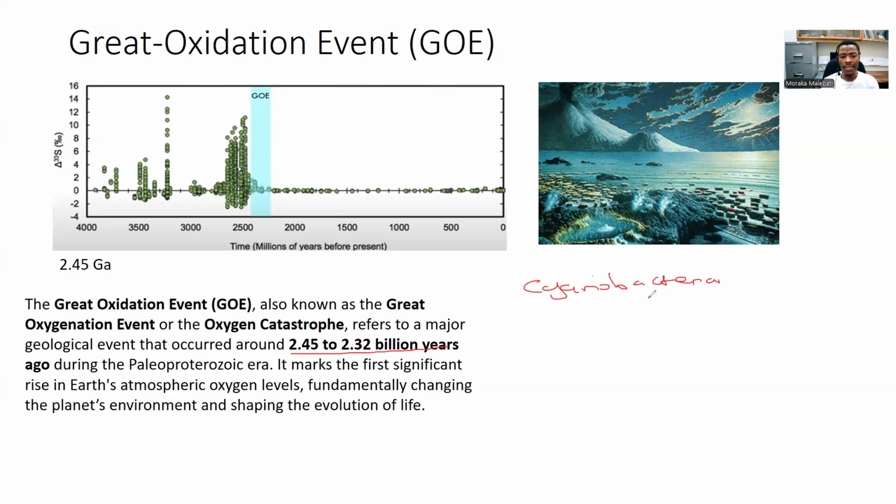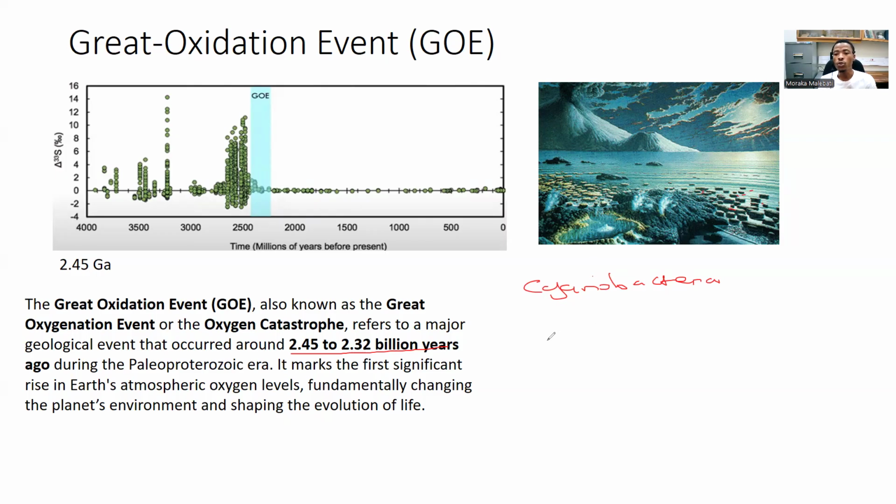These photosynthetic life forms gave rise to oxygen, which led to a major shift in the Earth environment. These cyanobacteria were giving out oxygen as their byproduct.